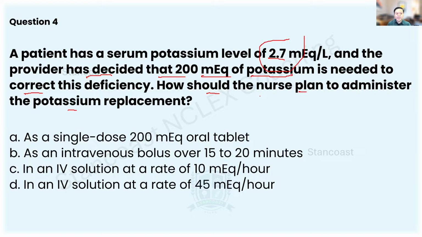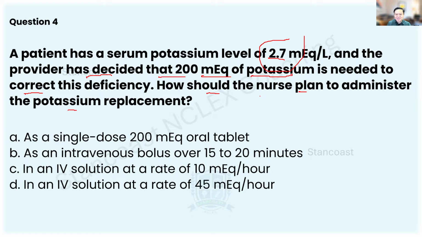What about letter A? As a single dose of 200 milliequivalents oral. When you are going to give this full dose of 200 milliequivalents, this is unsafe because this can lead to gastric irritation and also ulceration.